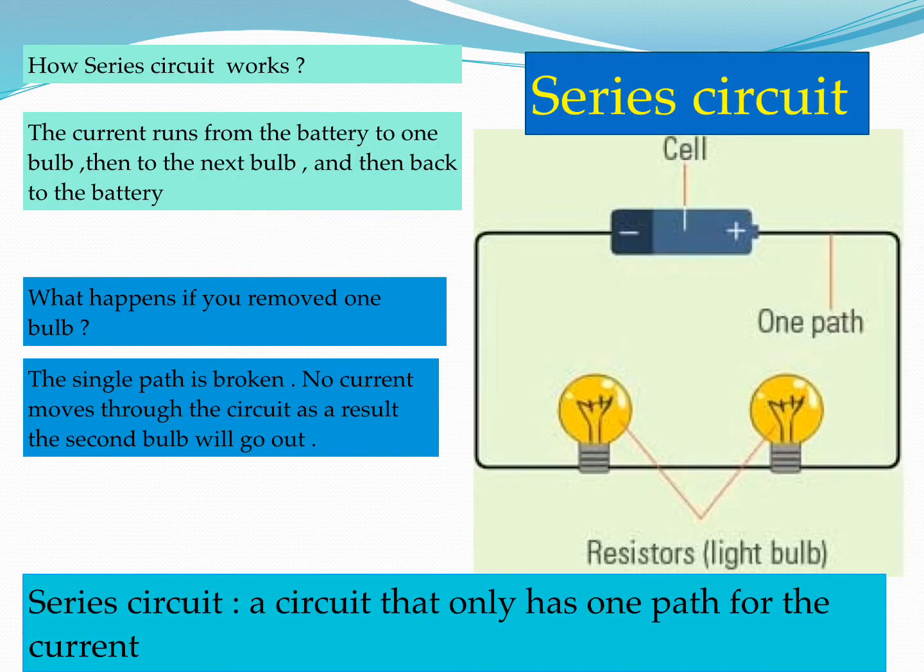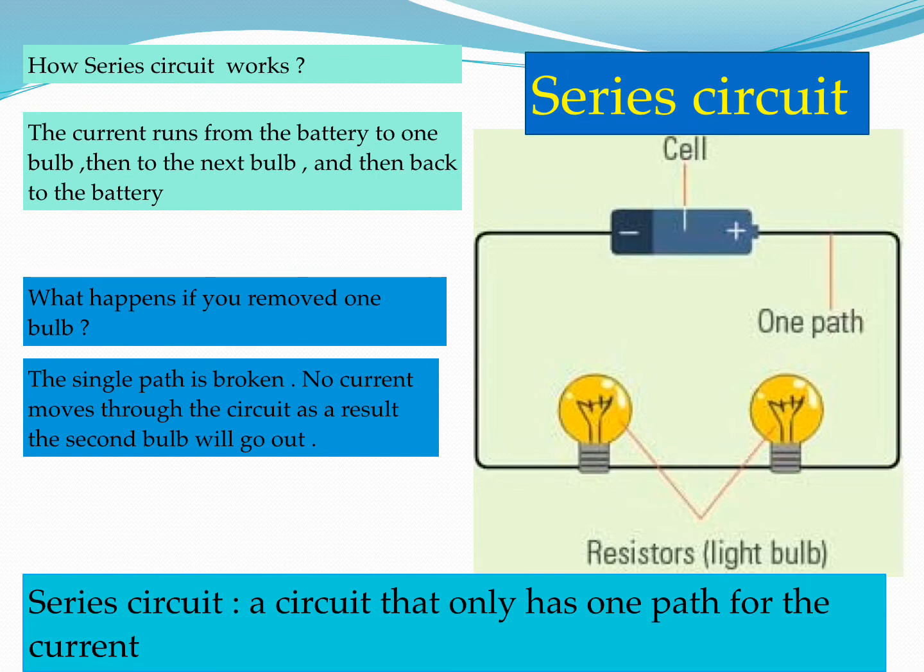Moving on to the second type of circuit, which is the series circuit. A series circuit is a circuit that only has one path for the current. So as you can see, we have the cell, we have the wires, and we have two bulbs. What will happen if I remove one of those bulbs?